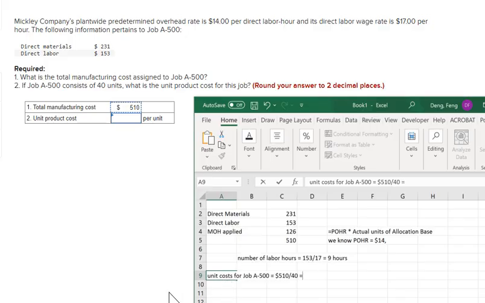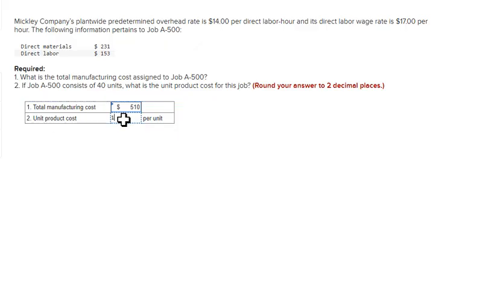You guys can do the number. That gives you $12.75 per unit. So put over here $12.75.